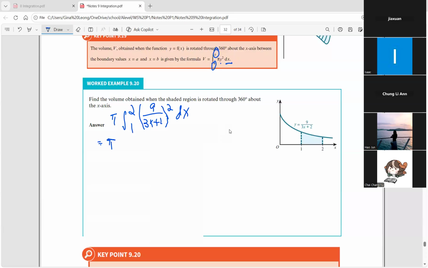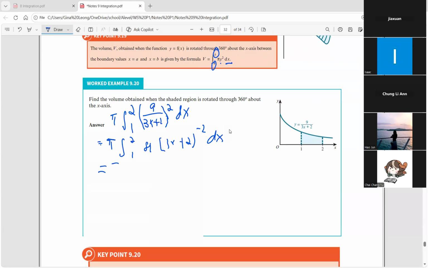So we can start to do the things. We simplify first, from 2 to 1. This one is 81, then (3x plus 2) to the power negative 2, we bring it up.